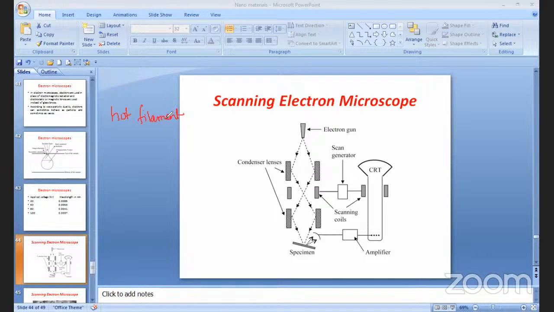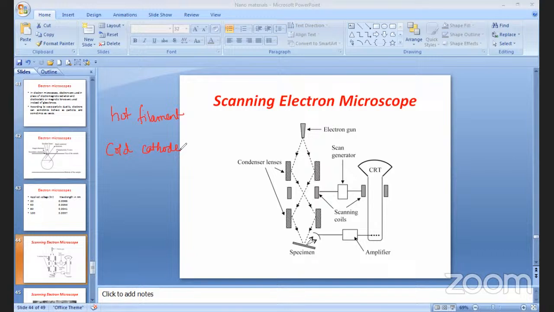However, sometimes we have a cold cathode. A cold cathode is nothing but a cathode that emits electrons without heating it. So sometimes we use a cold cathode also in order to generate electrons, but in general, a hot filament is utilized.